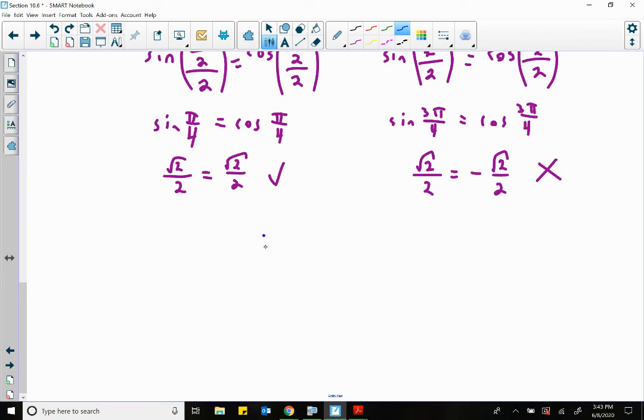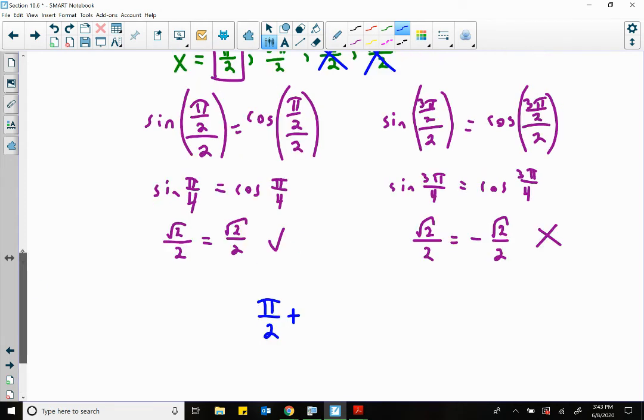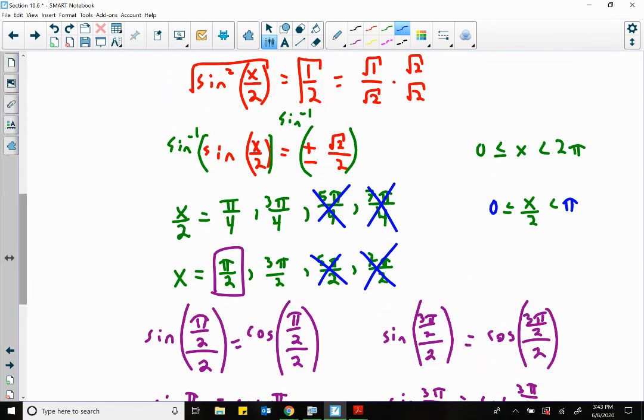So our answer would be pi halves plus, okay, pi halves plus, now we got to think about what's going on here. Okay? I need all exact answers.